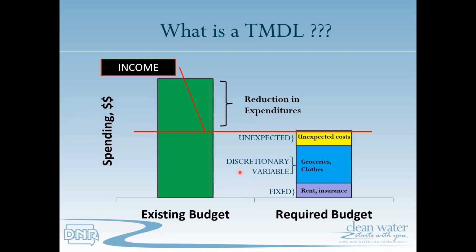And we have some variable costs, which might vary from month to month or week to week, which could include groceries, clothes, entertainment, fuel. And then we have some unexpected costs, things that we want to put away for a rainy day. So it could be savings, to account for major auto repairs or home repairs, something that is not normally addressed in our daily or monthly budget.